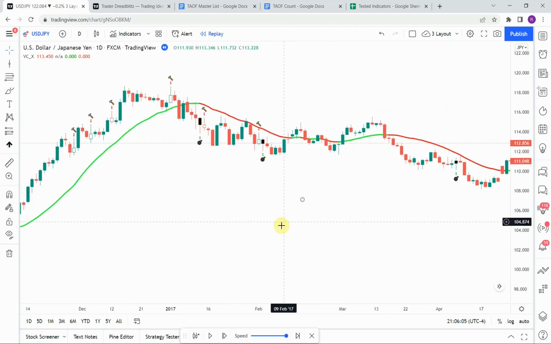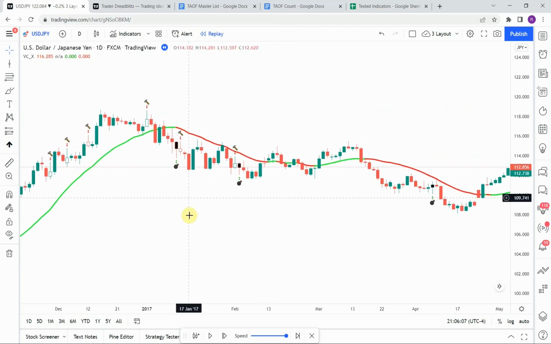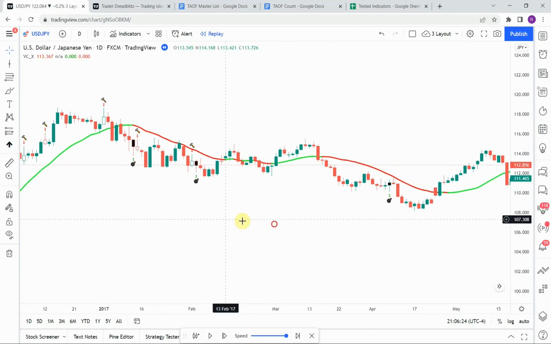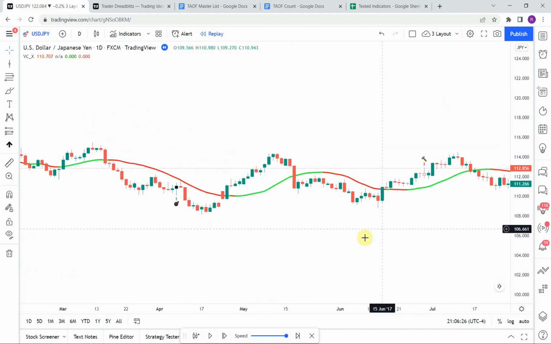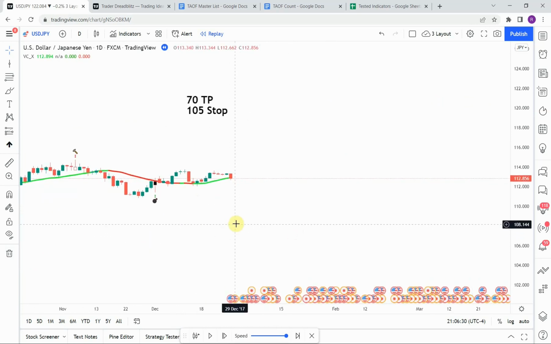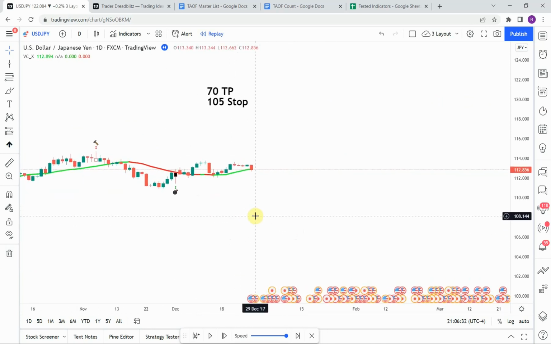On the reverse side, when price action is below the oscillating line, what we are looking for are the long tails to the upside, so the hammers. That means that price tried to go up but was overtaken by the sellers and was pushed back down, again hopefully with some momentum to carry it down a good ways, getting us some decent profit. So I hope all that made sense.